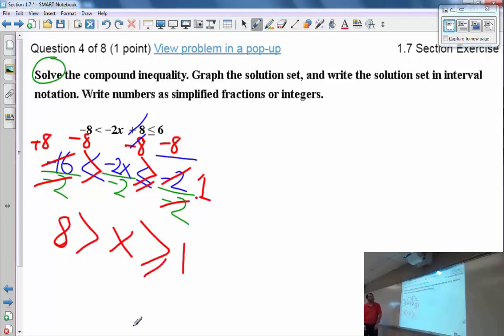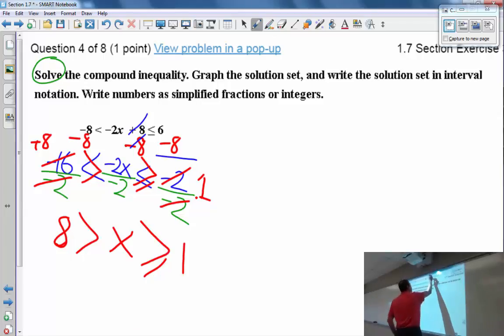All right, we solved it. Let's graph it and put it in interval form.